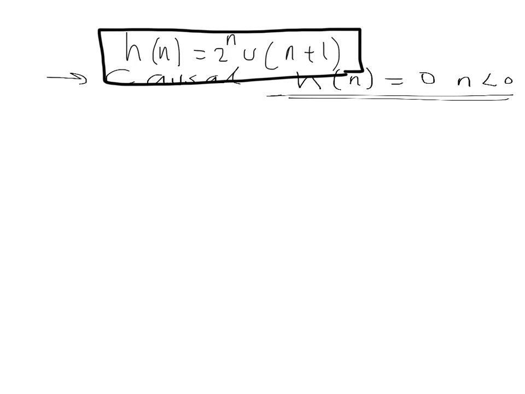So for the given impulse response, we have the proof of that: h of minus 1 equals 2 to the power minus 1.